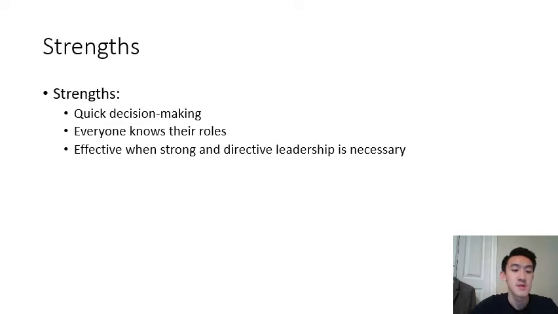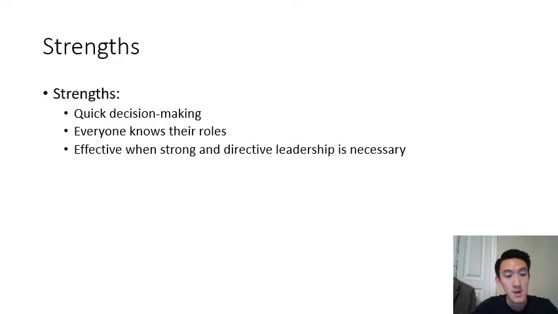So just like a lot of other leadership styles, the autocratic style has both benefits and some weaknesses to it. And when and where the authoritarian or autocratic style is most useful can depend on factors such as the situation that they're working in.